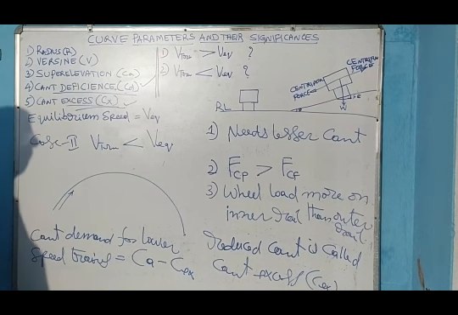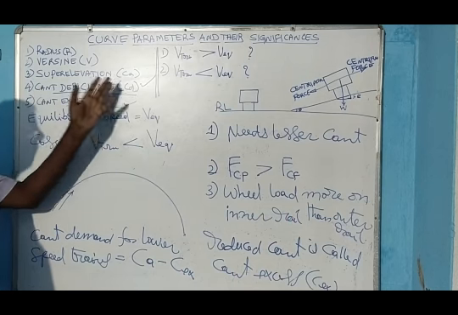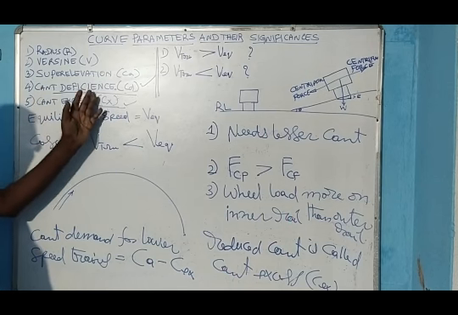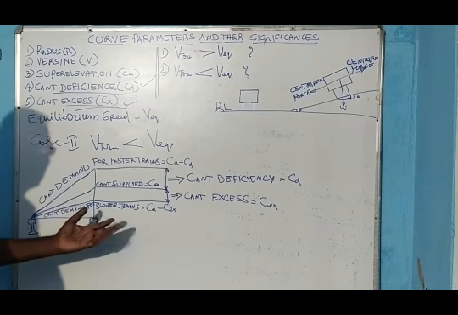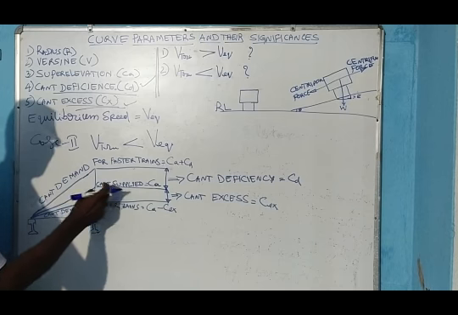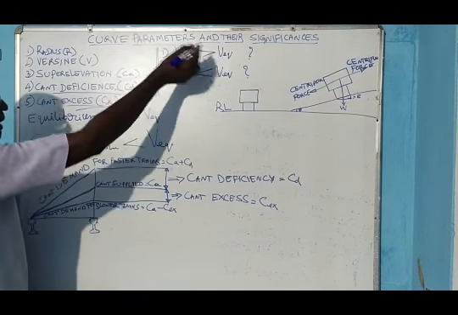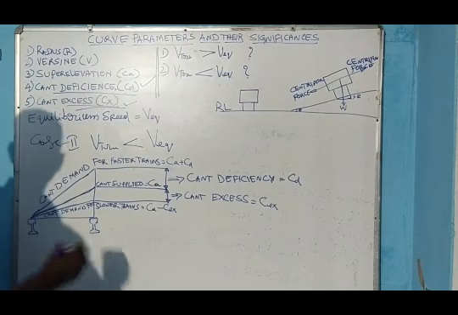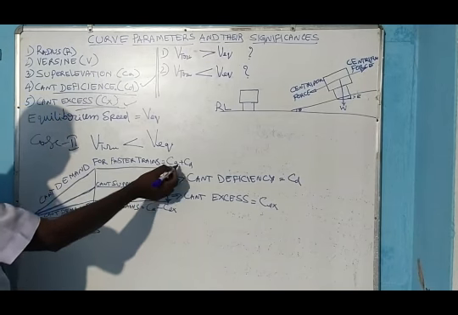So I will show the actual cant, cant deficiency and cant excess diagram here. This is the cant diagram. This is cant provided. When trains run more than the equilibrium speed, cant demand for faster trains is CA plus CD.